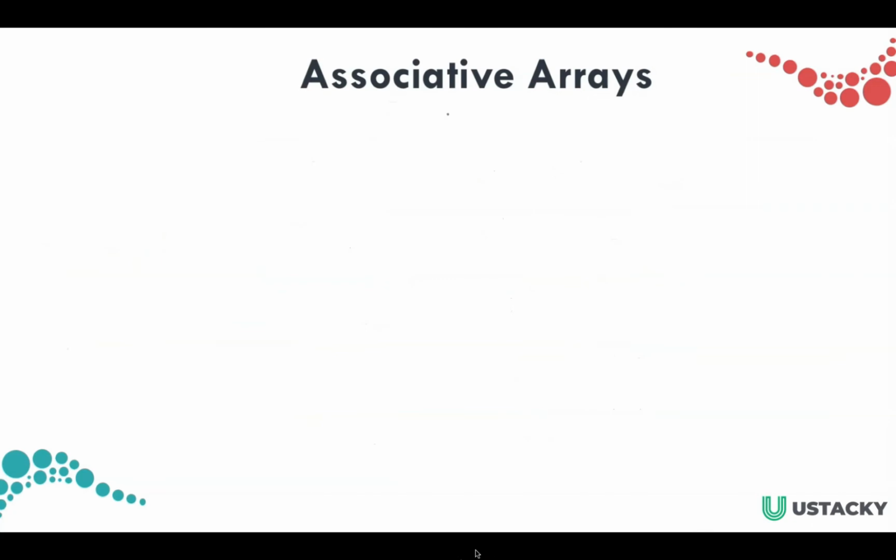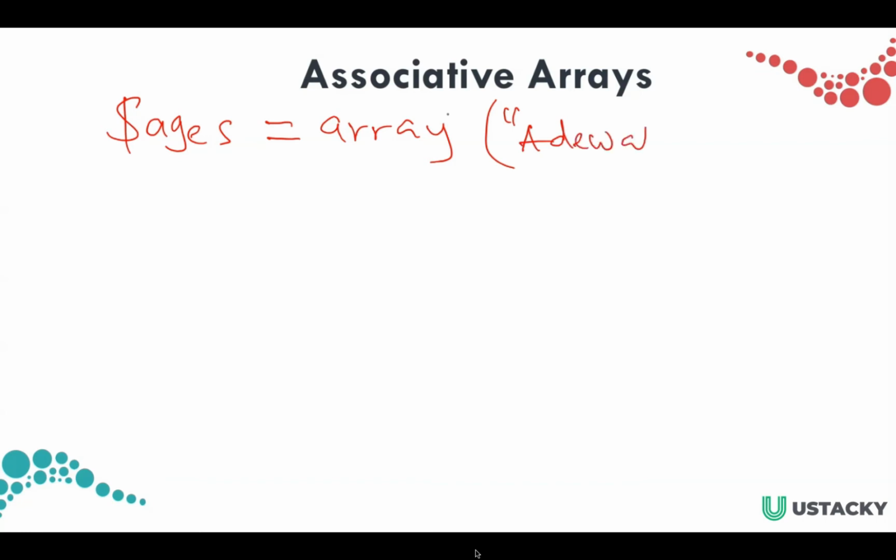To form this array, it will be written as $ages equals array. We have the key value. The key is the name of the student. You can have something like Adewale, and it is pointing to a value, assuming Adewale is 15 years old.